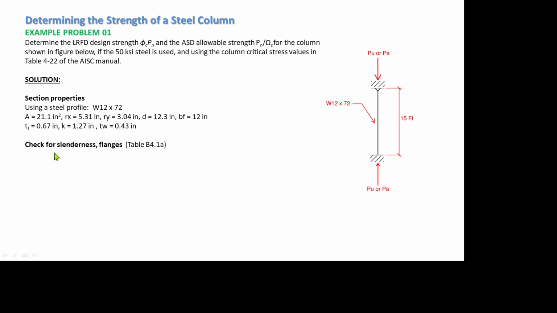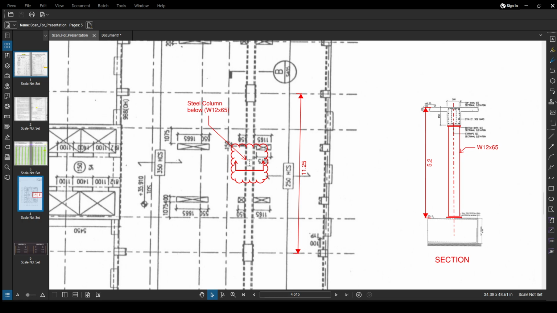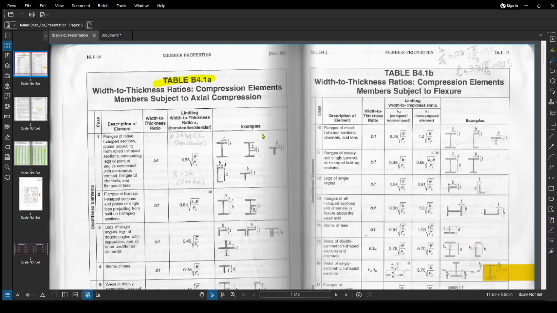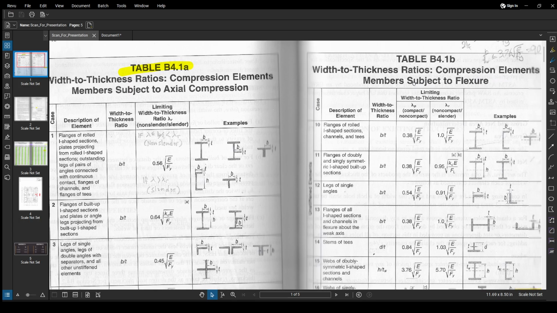First of all, we need to check the slenderness of the flanges. So we refer to Table B4.1a. In this table, we have compression elements in members subject to axial compression, and on the other side, compression elements in members subject to flexure.